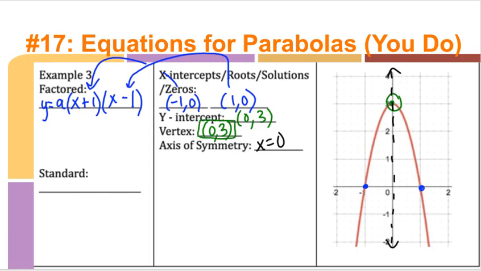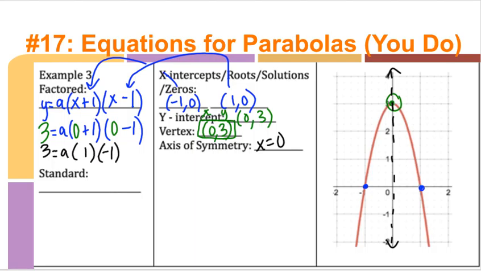Again, both of them are the same this time, so x and y. So y is going to be 3 equals a multiplied by, you change the x's to zeros. This is 0 plus 1, and this is 0 minus 1. So that means 3 is equal to a multiplied by +1 multiplied by −1.